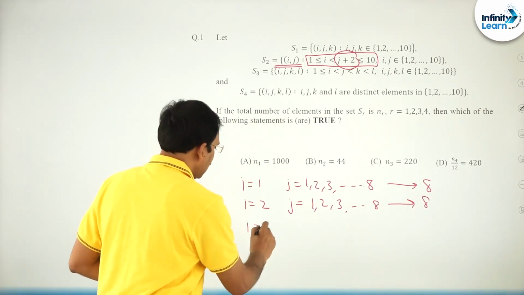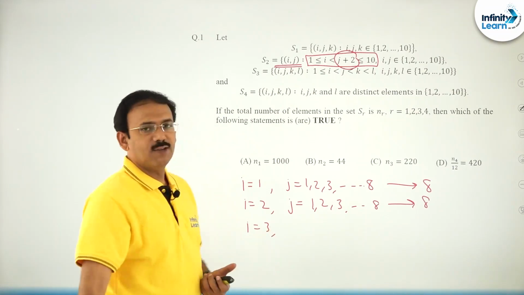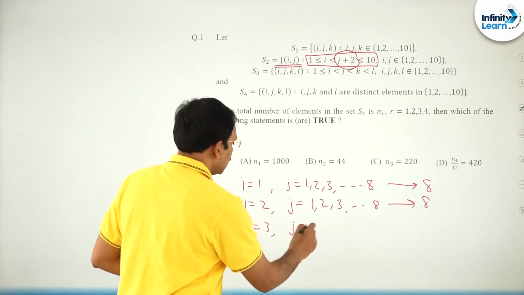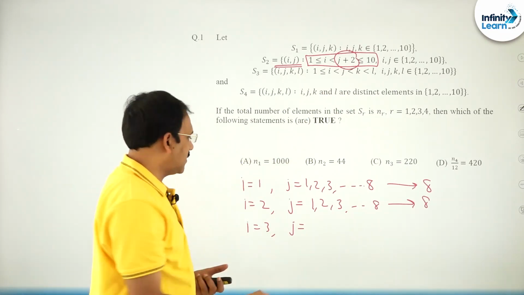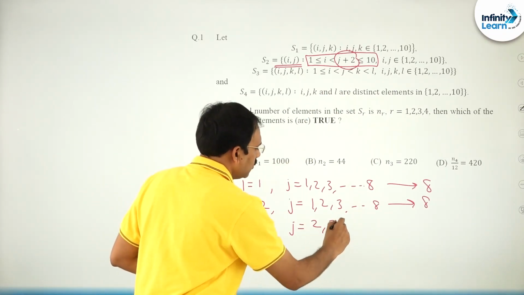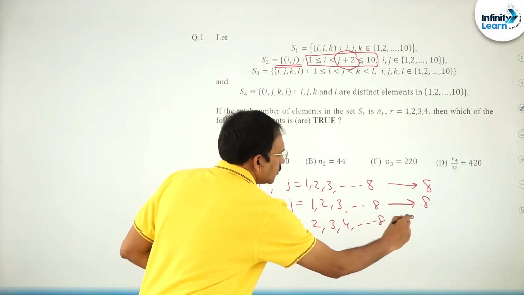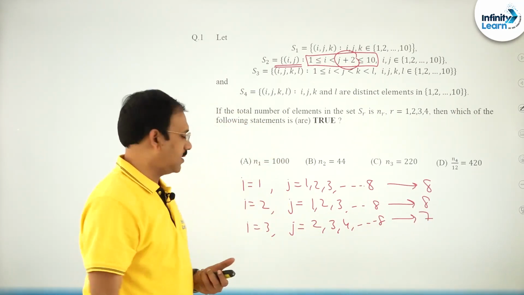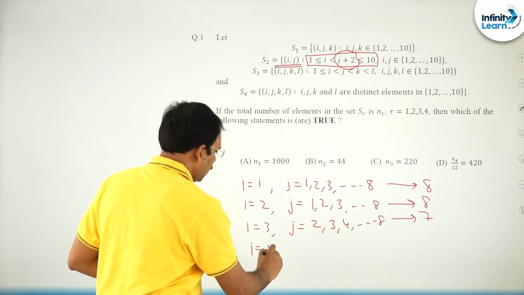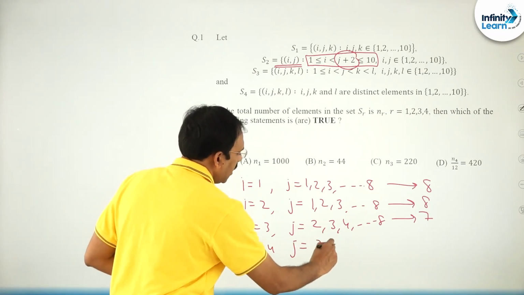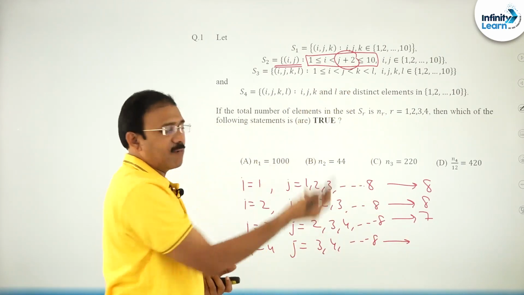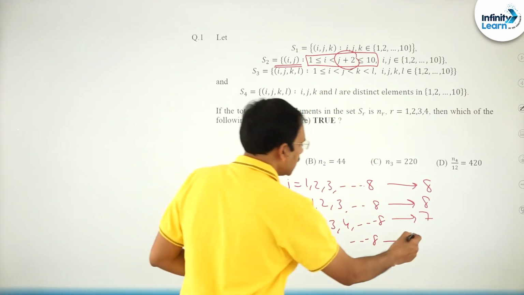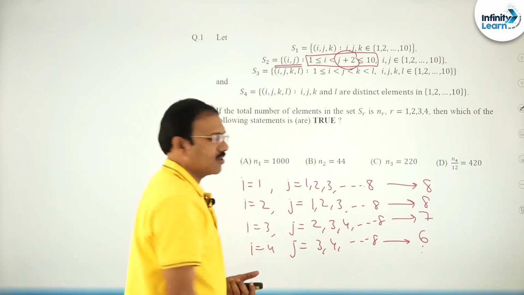Now if I is equal to 3, dear friends, j cannot be 1 because 1 plus 2 is 3, and 3 cannot be less than 3. You can start with 2, 3, 4 and so on up to 8, so you will get 7 possibilities. Similarly, when I is equal to 4, j can be from 3, 4, 5 and so on up to 8. You can end with 8 because 8 plus 2 is less than or equal to 10, which gives 6. Like that the pattern continues.